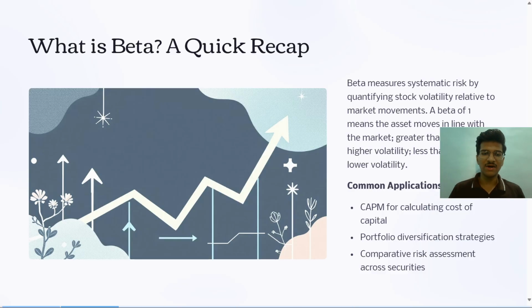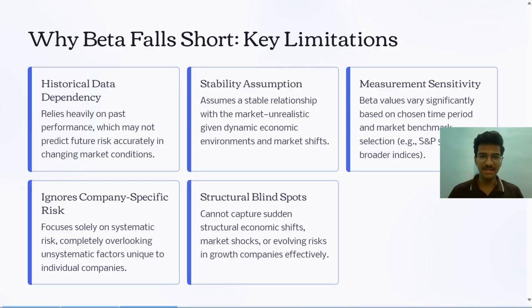Investors use beta to evaluate systematic risk, that means all the risk related to the market, for example, inflation, depreciation, etc. But there are certain limitations to this beta calculation. So let's discuss it in the next slide.